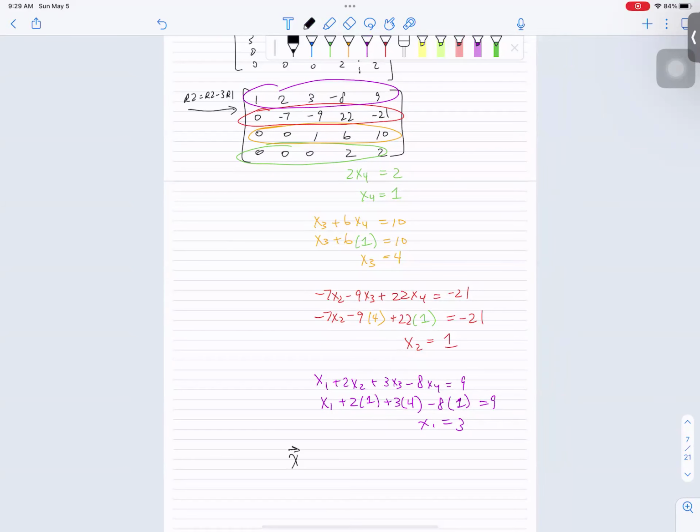So my answer for the vector x1, x2, x3, x4, the inputs, remember, x1 is the first one, even though we solved it last, it was the first component of my input. x1 is 3, x2 is 1, 4, and 1. That's why I kept track of the variables, because you could have easily written the opposite way and said it's 1, 4, 1, 3, and that would not be correct.